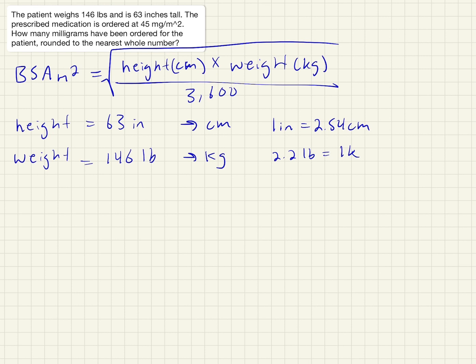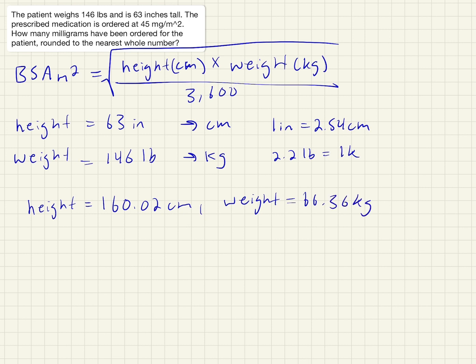Using whatever method you want to use to convert that, we get that our height in centimeters is 160.02, and our weight is 66.36 kilograms.